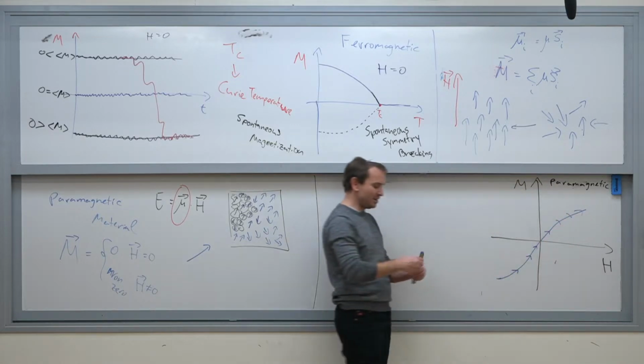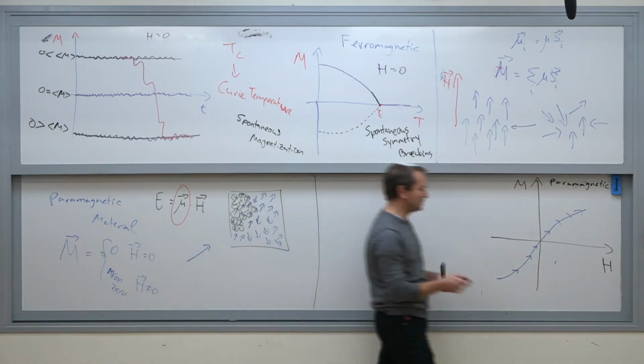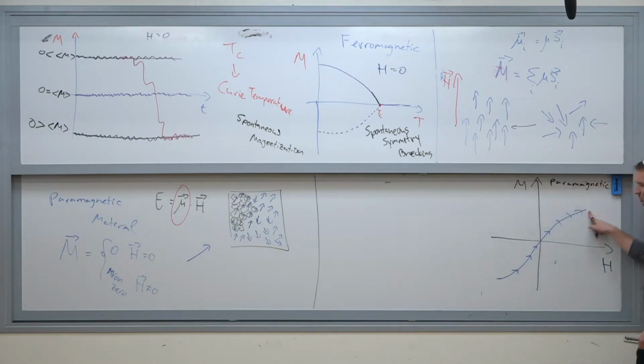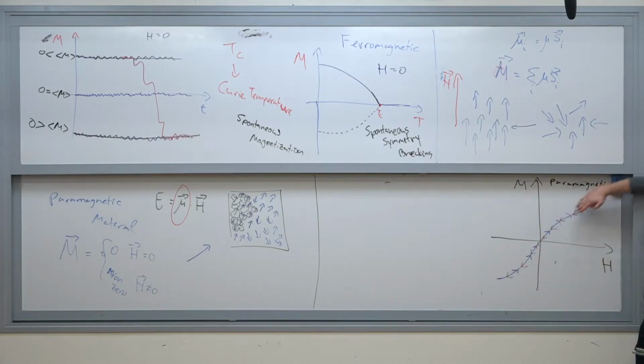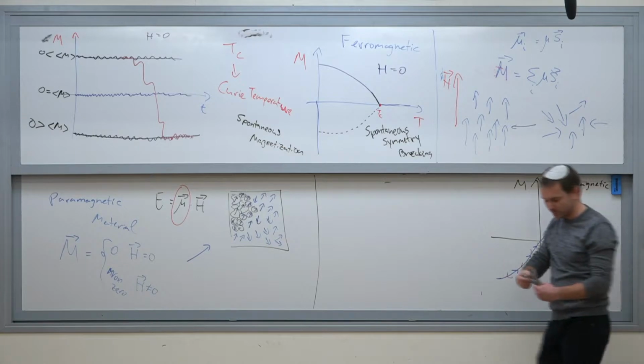If I'm going in the opposite direction, so I'm starting from a large external magnetic field, magnetization will be large, and as I'm decreasing my external magnetic field, the magnetization will decrease also. But I will always follow one single curve. I'm going up, I'm going in this direction. I'm going down, I'm going in the other direction.